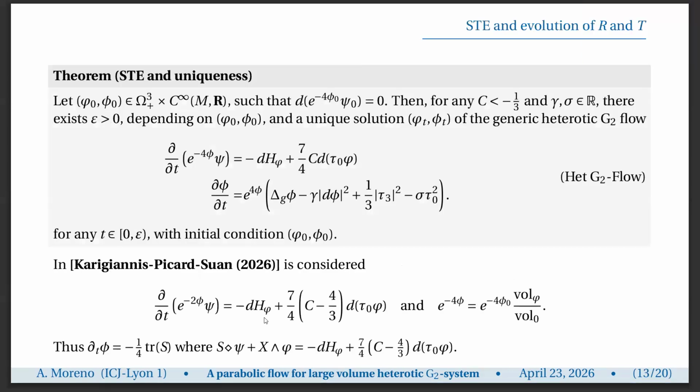Can I ask you another question? In the Karigiannis flow, the static points are again torsion free or not? No, it's not clear for me, because for us the torsion-free critical points depend exactly on these lower order terms given by the gamma and the sigma ones.